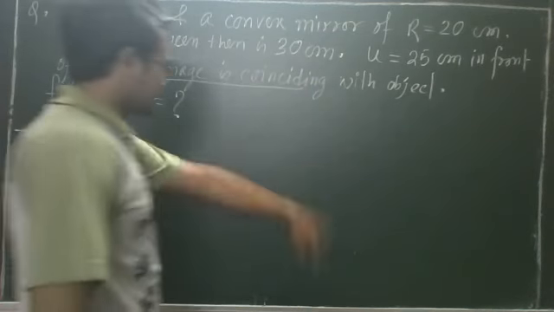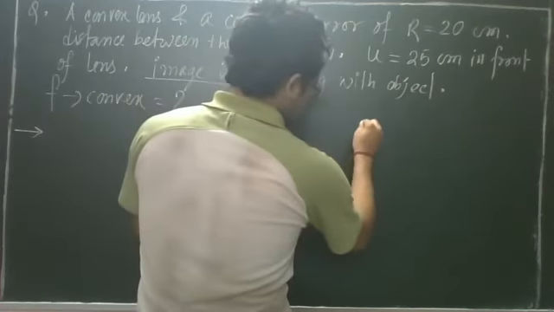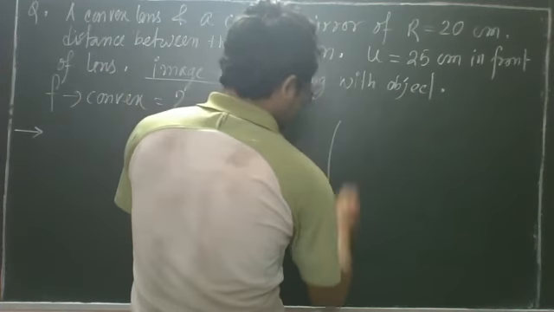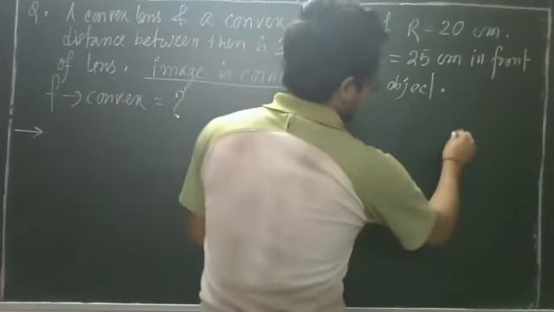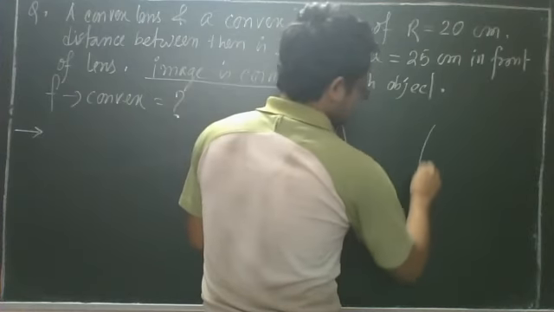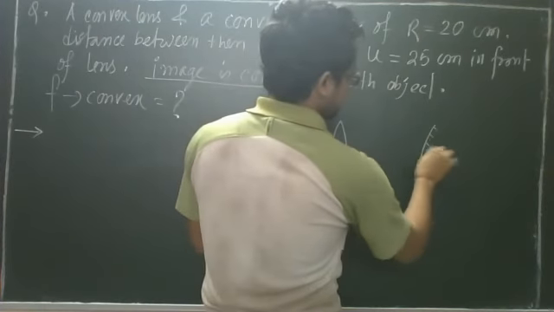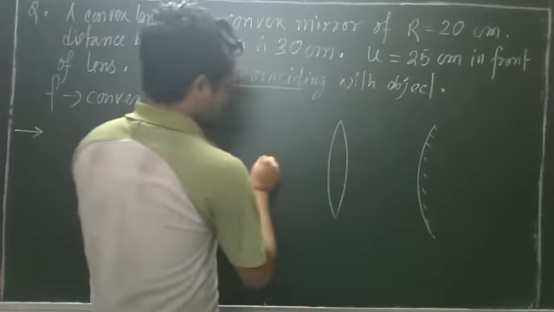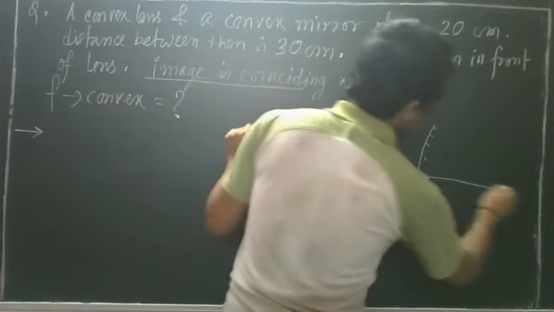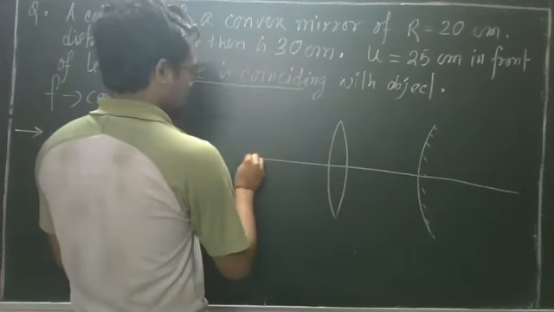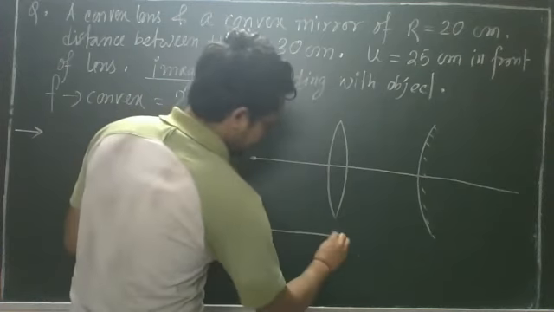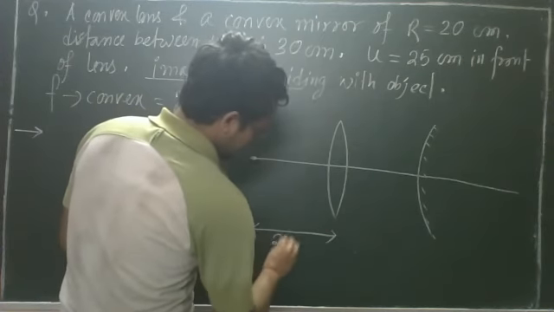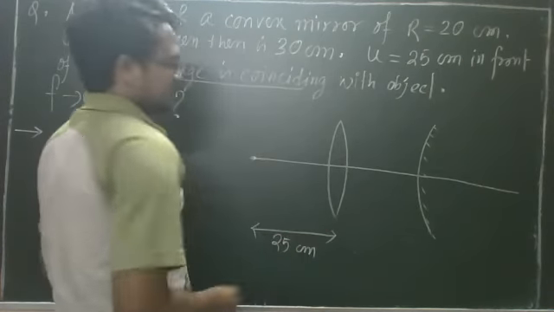Okay, so I am again drawing. This is the convex lens and this is the convex mirror. They are placed coaxially. A point object is placed at a distance of 25 from the convex lens.